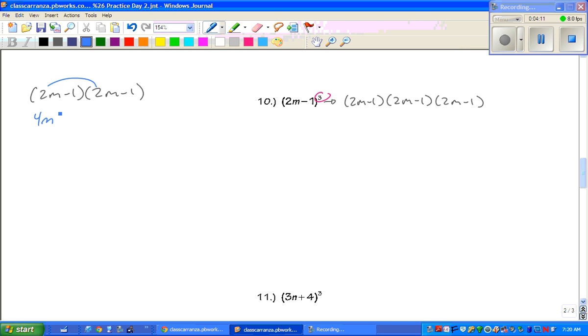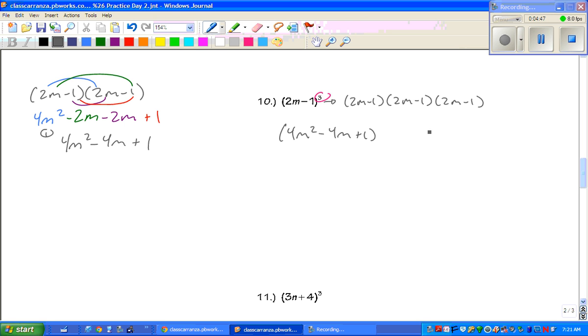Multiply the first, you get 4m squared minus 2m minus 2m plus 1. Combining our like terms in the middle, now those don't cancel out, guys. 4m squared minus 4m plus 1. So that's our first answer again.